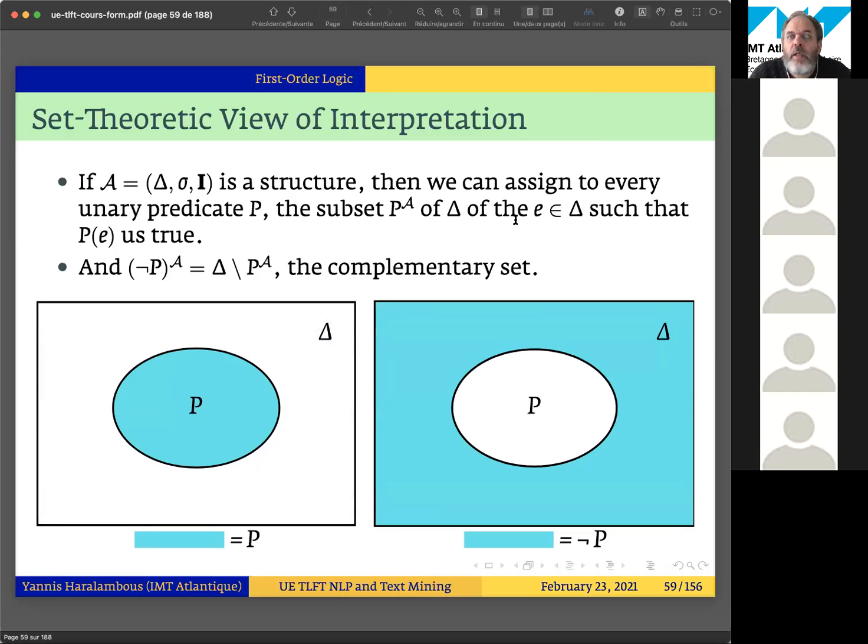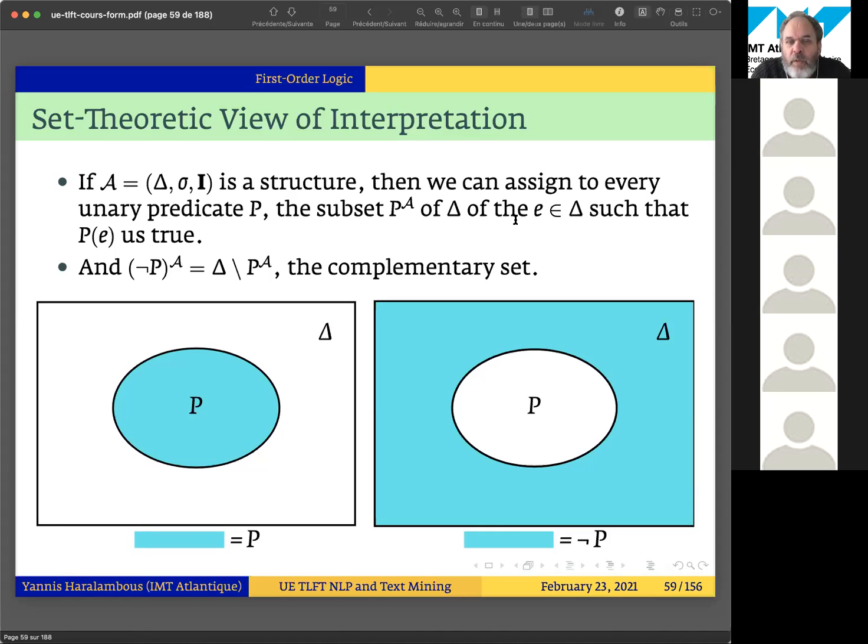Interpretation is an abstract notion. It's a function that goes from a formula to a domain. It sends ingredients of your formula to functions in your domain. There's another way of looking at it. It's using set theory.